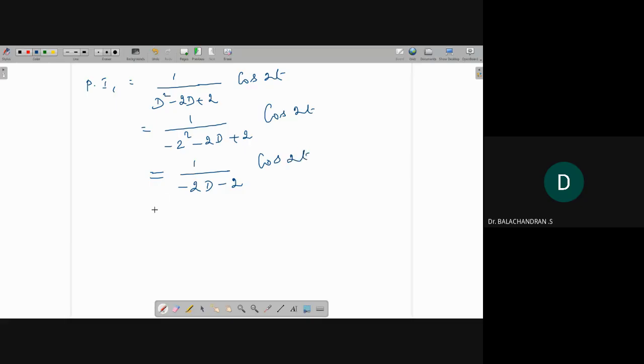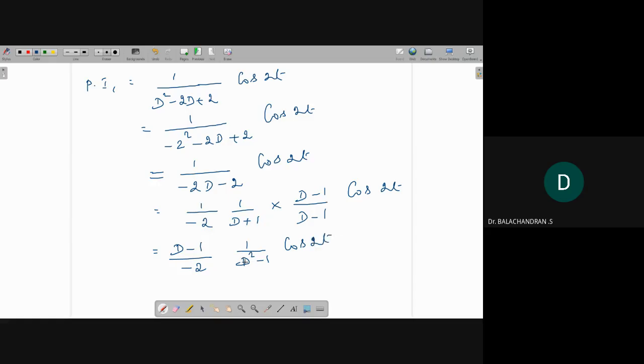So take minus 2 commonly, into 1 by (D plus 1), multiply and divide by D minus 1, into cos 2t. So now you will get (D minus 1) by minus 2 into 1 by (D square minus 1) into cos 2t.